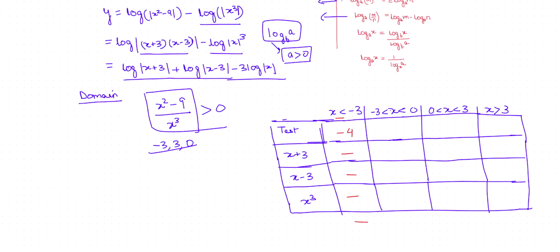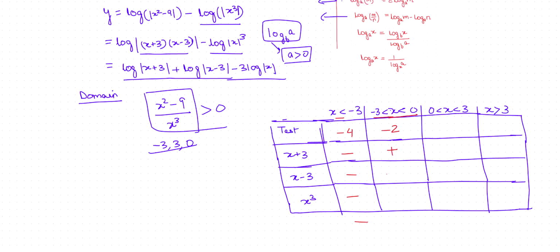Now checking the interval when x is greater than negative 3 and less than 0. We can take any point in between to test. Suppose we take negative 2. So x plus 3 means anything between negative 3 and 0 would give positive. x minus 3 would give negative.